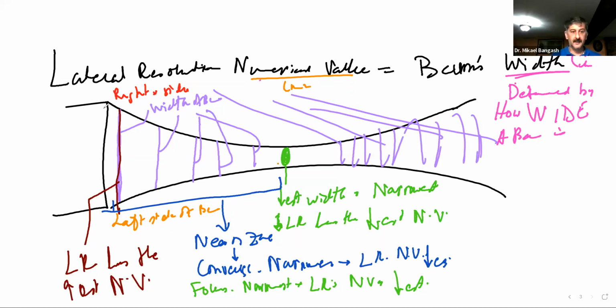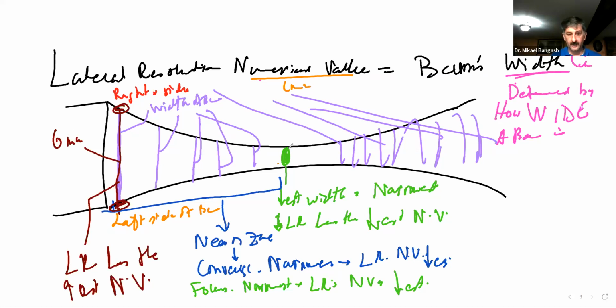At this point, you can say this distance here may measure, let's say, 6 millimeters. That will be the numerical value of your lateral resolution at this point. Whereas, as we said earlier, at the focus the beam is going to have a diameter which was half of the beginning.